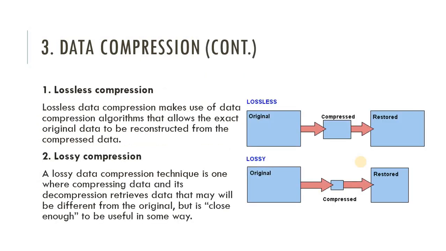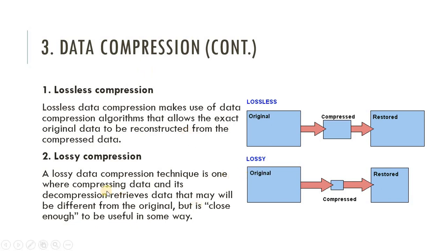Lossless and lossy compression. Lossless data compression makes use of a data compression algorithm that allows the original data to be reconstructed from the compressed data. As in the figure, if this is the original data and we compress it, then after decompression in lossless compression, it generates the original data set without losing any data bits.